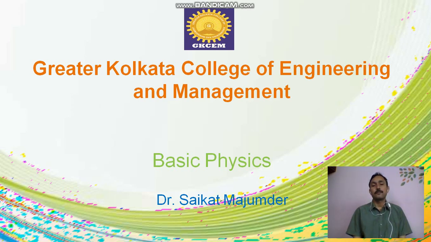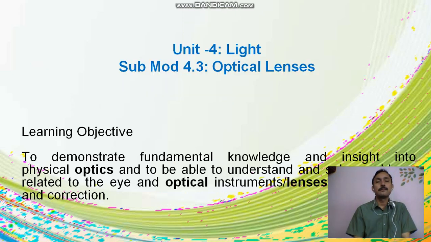Under the basics of physics for diploma students, today we will discuss optical lenses. It is on submodule 4.3 and it falls under unit 4, and the name of unit 4 is light.